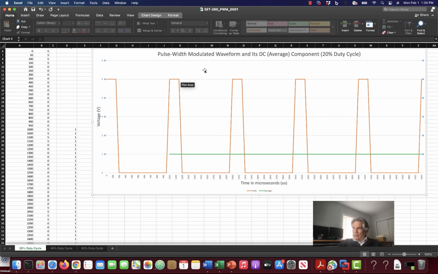And this technique is even used in super precision brushed DC motors in CNC applications, where pulse width modulation is part of the driving method.